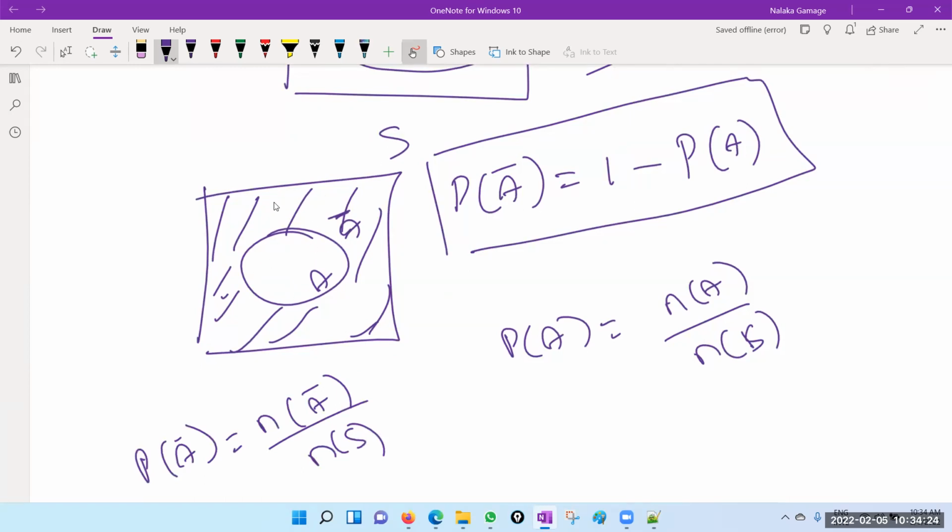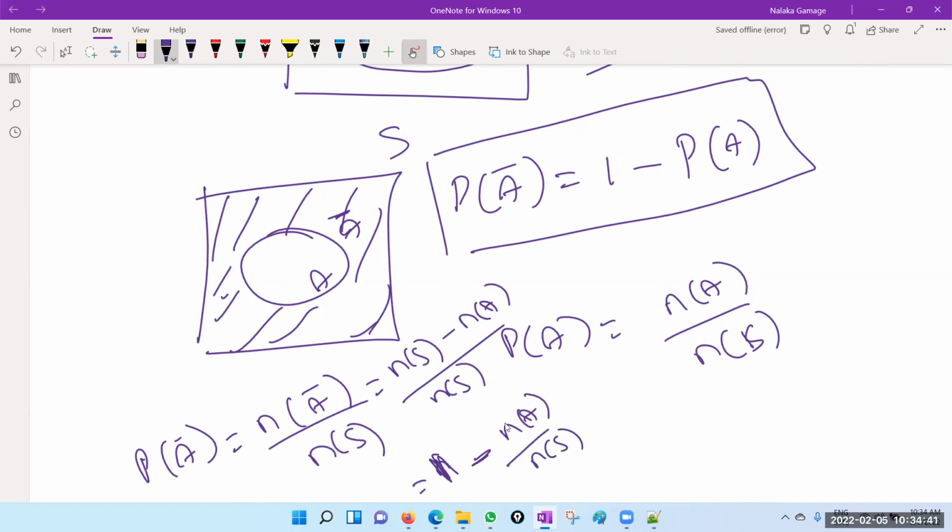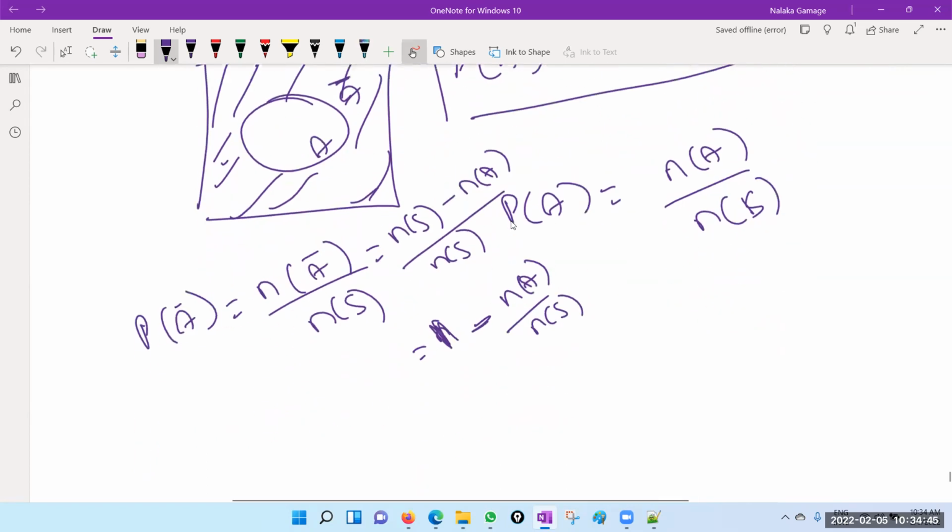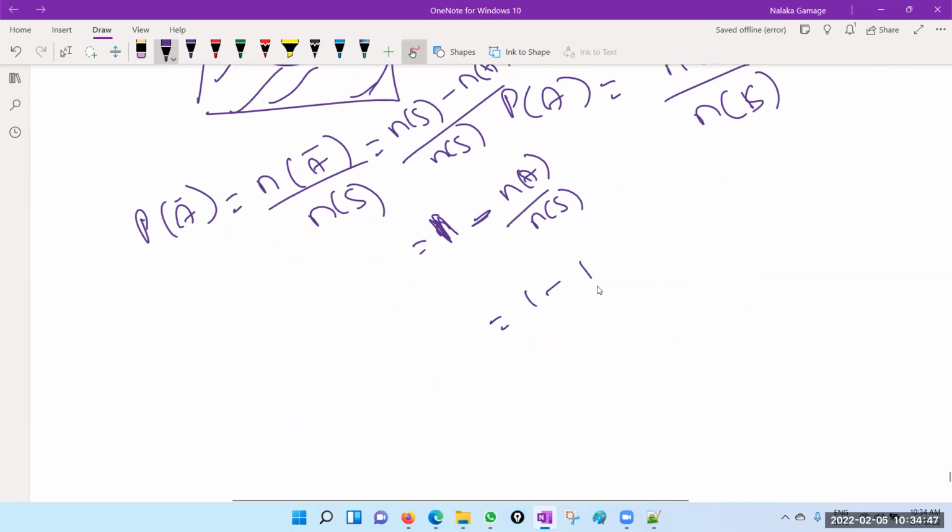So therefore this is NS minus NA divided by NS. If you subdivide this, NS divided by NS is 1, minus NA divided by NS. And we know that NA divided by NS is PA. So therefore PA bar is 1 minus PA.